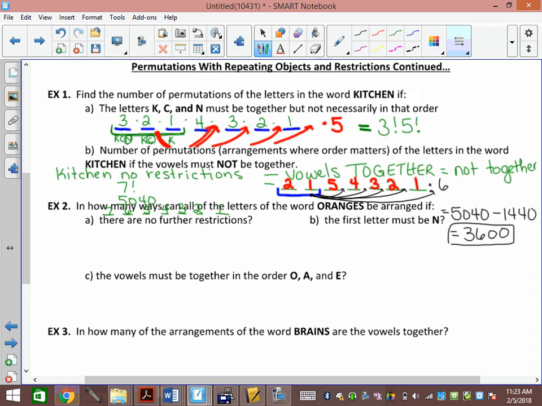Onomatopoeia? I know what it is, but I don't know how to say the word. Onomatopoeia. Get myself some pizza.